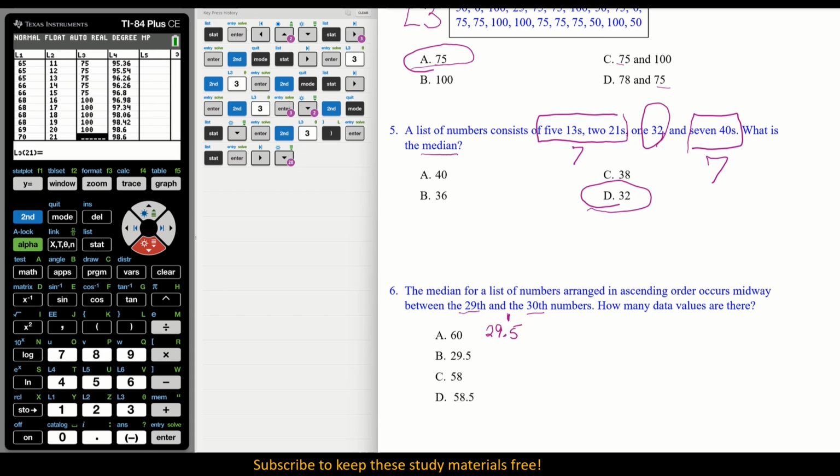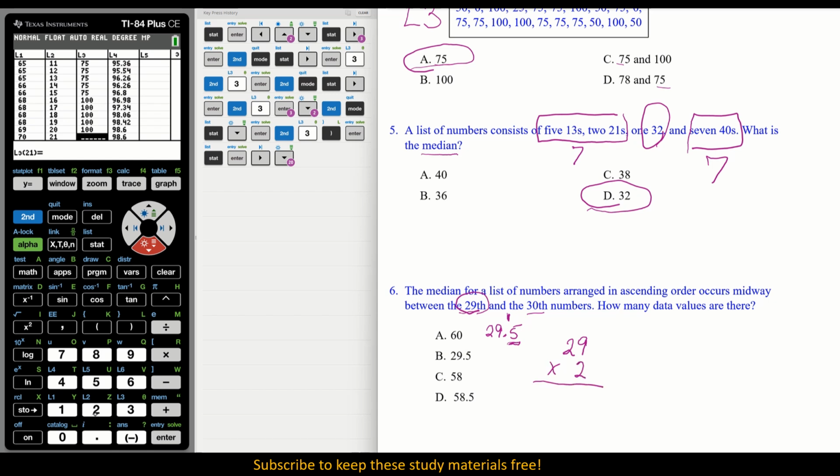The amount of numbers is literally going to be 29 on one side, and then you have to repeat that on the other side. Because it's halfway in between, we can use the whole numbers. So it will be 29 times 2.